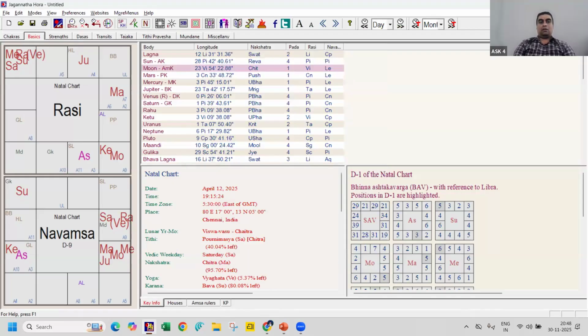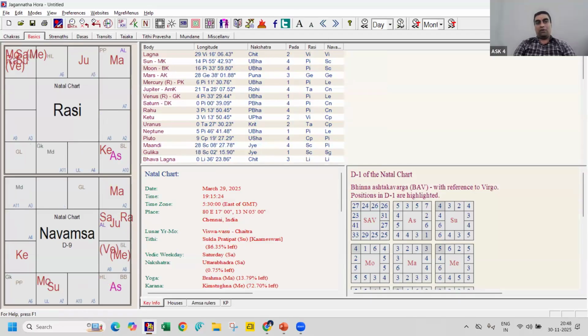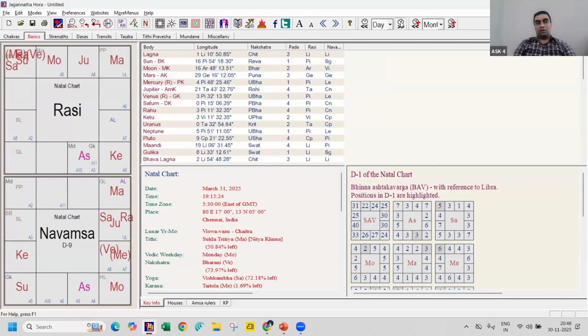So the sun and moon are joining in this particular sign. So this is Meena or Pisces. Now the moon will keep moving forward away from the sun, because the moon is much faster than the sun from the Earth's perspective.